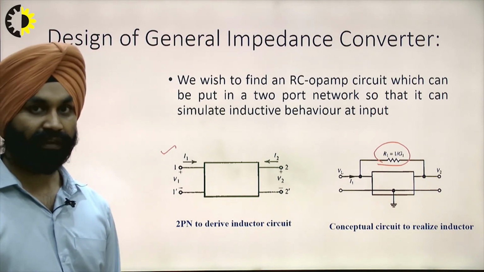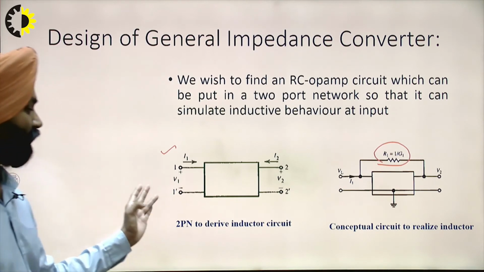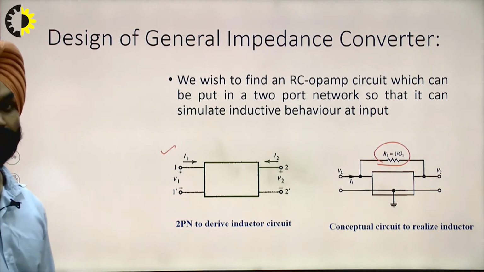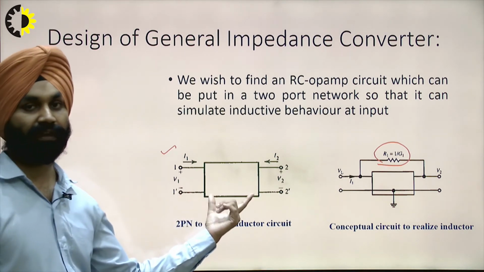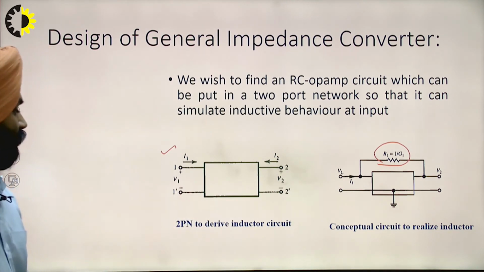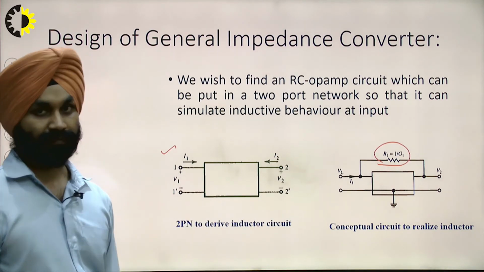Now we have one circuit which is a two-port network. Let's suppose the two-port network is a gyrator, which is used to drive some inductor circuit.